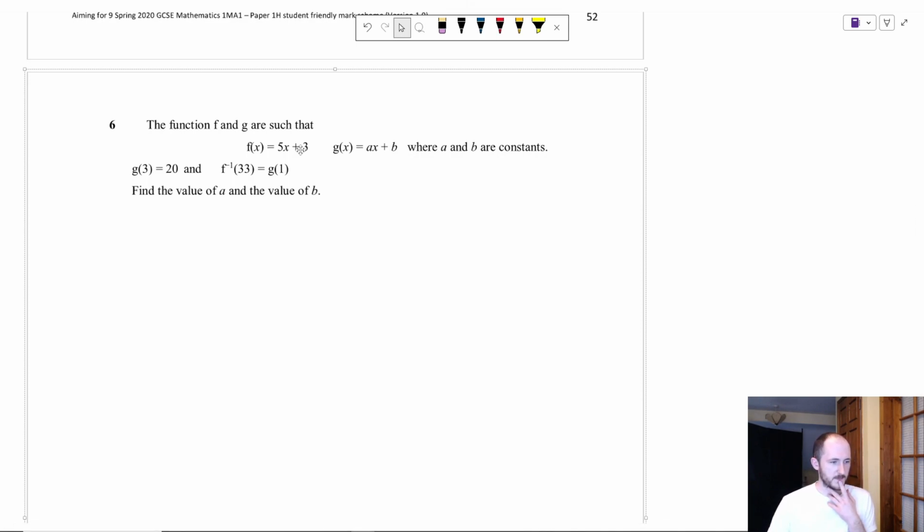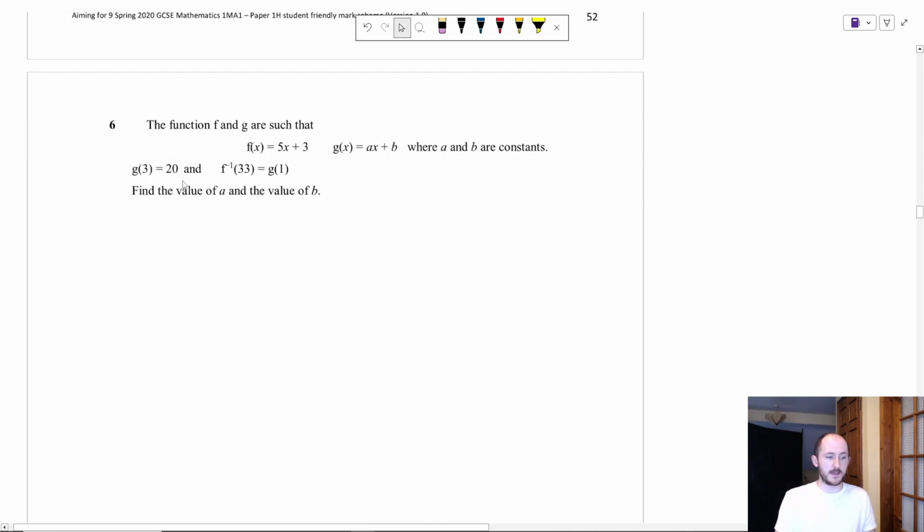Okay. So, we have two functions, f of x is 5x plus 3, g of x is ax plus b. And it tells us this information, we need to find the value of a and the value of b. So, if I look at this, pretty tricky, right? I don't know what to do yet. So, what I'm going to do is use this information. They've told me that g of 3 is equal to 20.